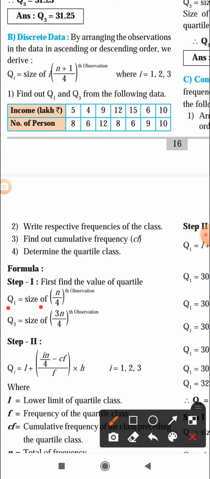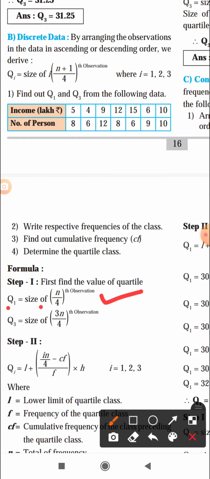Then, to find the value of the quartile in case of Q2.